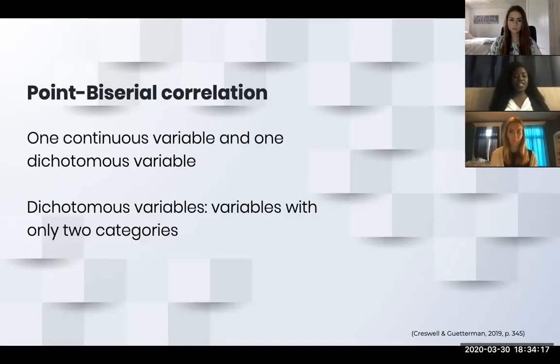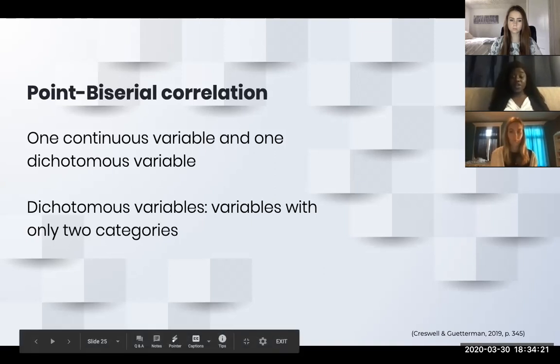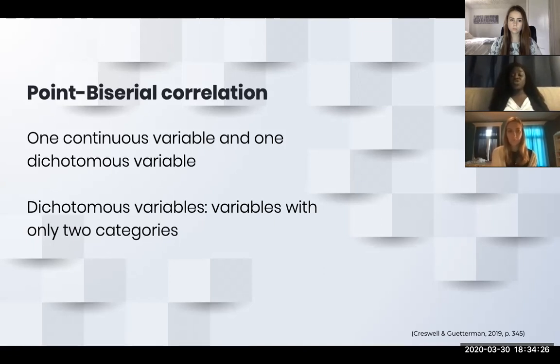Point biserial correlation. So point biserial correlation is another way to measure variables. And this is used to measure the strength and the association that exists between one continuous variable and one dichotomous variable. An example of a dichotomous variable or binary variable is a variable that has two categories or levels. Like for example, smoking status.